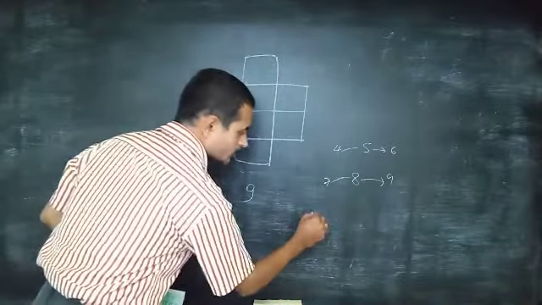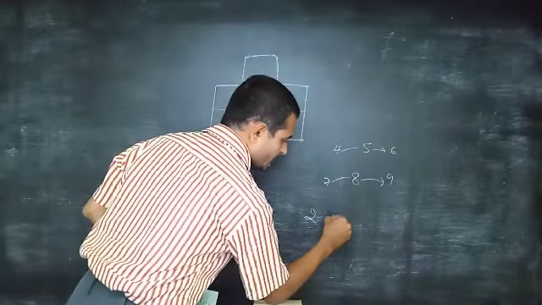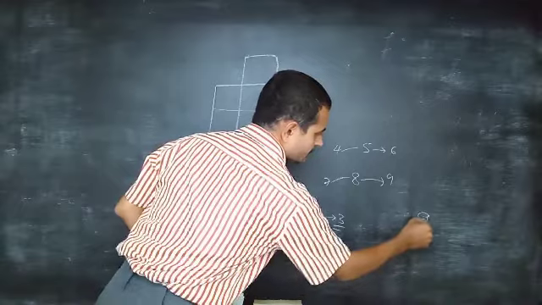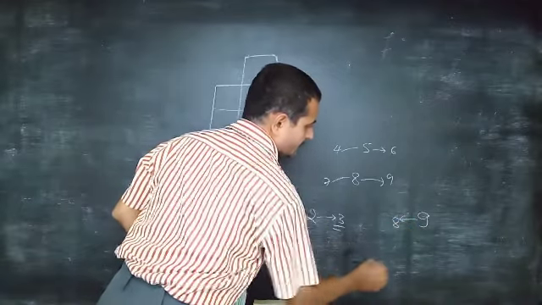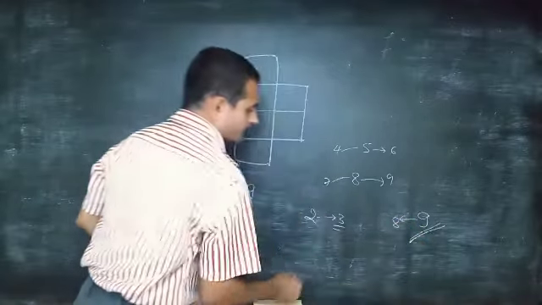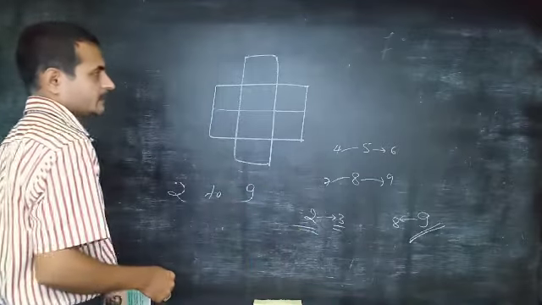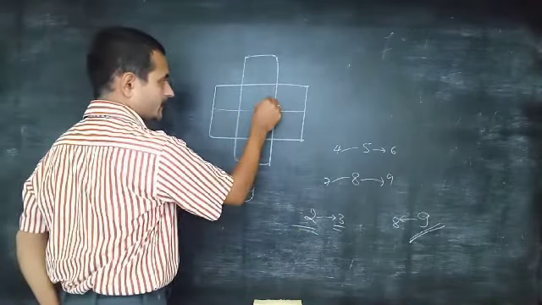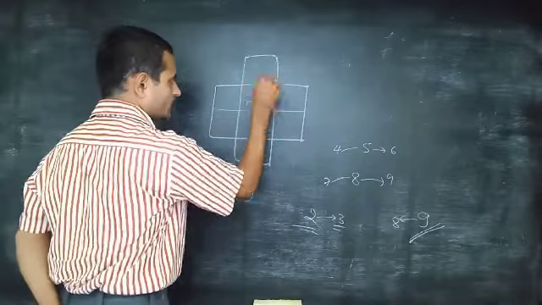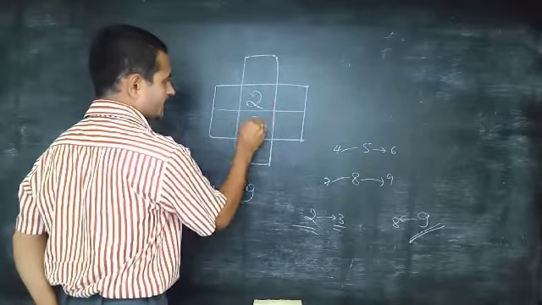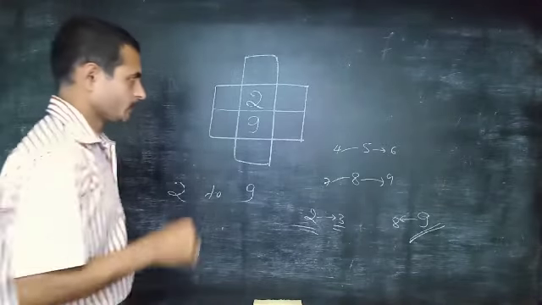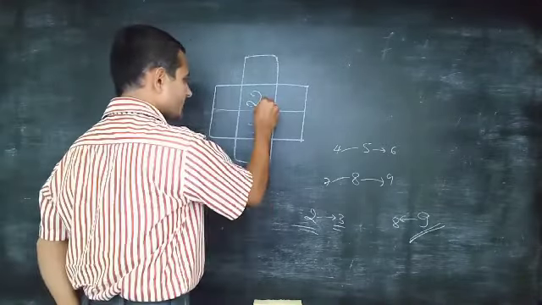But for 2 it is enough if you balance 3. For 9 it is enough if you balance 8. Means here consecutive numbers are fewer, here adjacent squares are more. So right here 2, right here 9. The problem is finished.